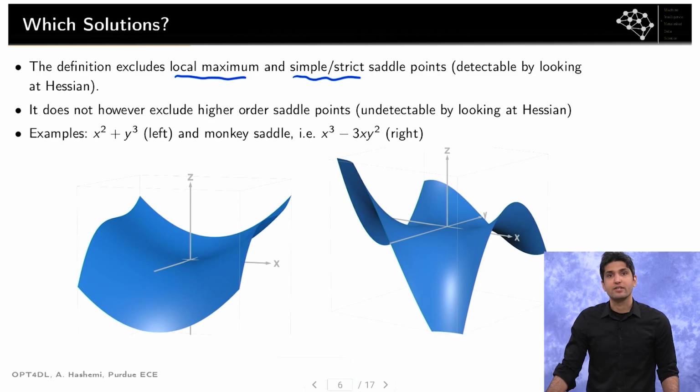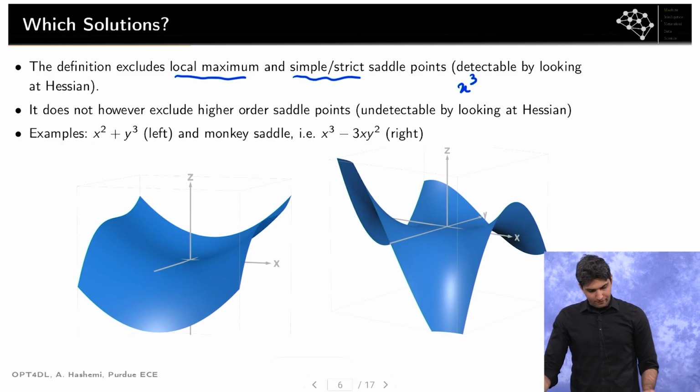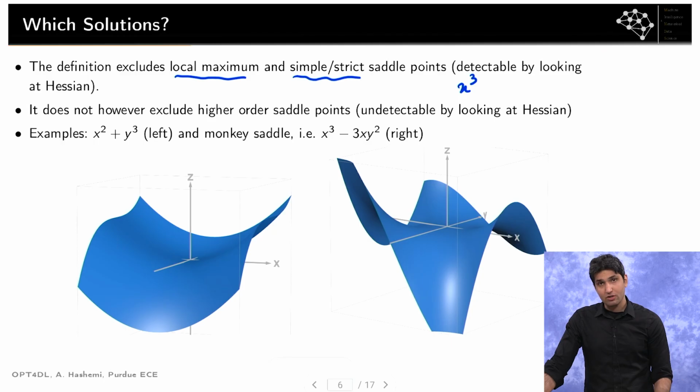In particular, the Hessian is 0 at those points, like the example we saw earlier, the simple cubic function. The origin at this point is a higher order saddle point. We cannot detect that by just looking at the Hessian.